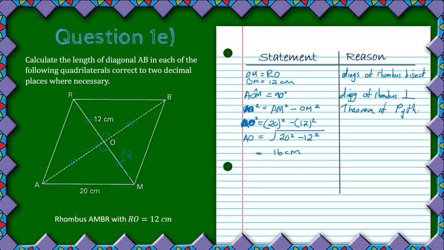Now, since AO is equal to OB, once again, the diagonals of rhombus bisect. We can state that therefore AB is equal to 32 centimeters.